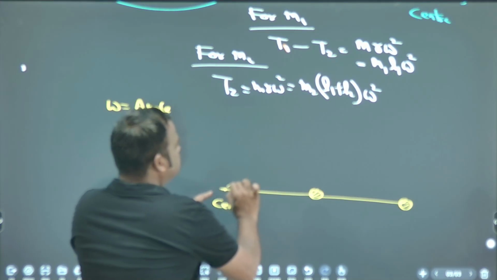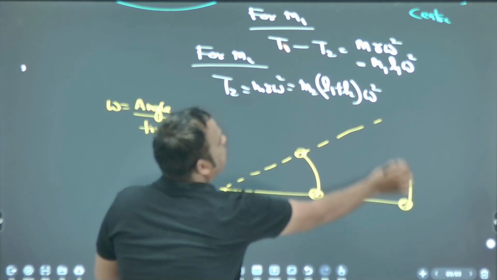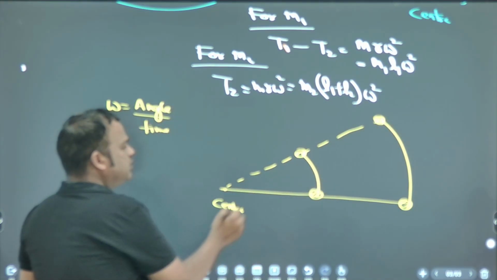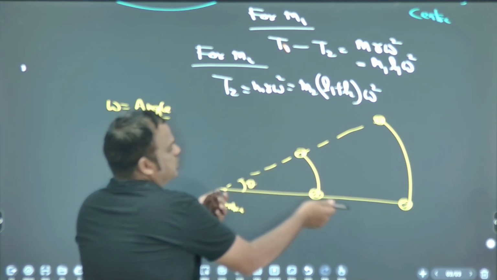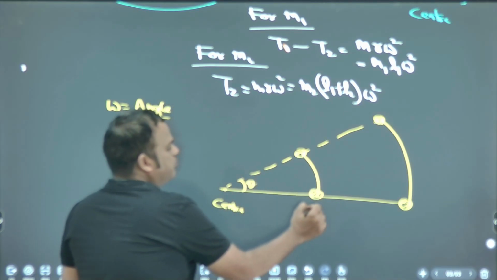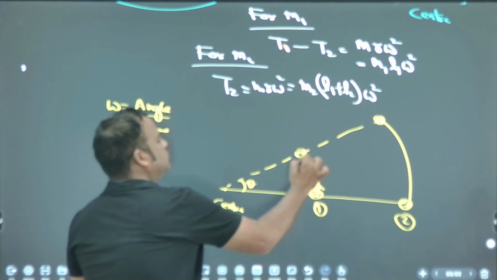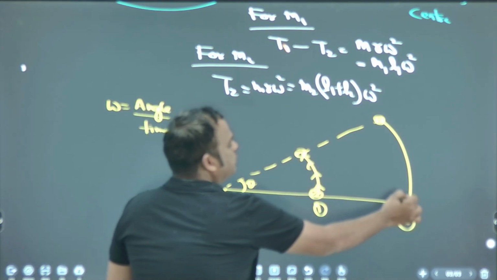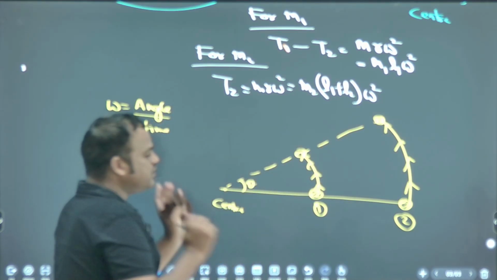When this ball is here, this ball will be here. So what angle is it making? Suppose theta. What is the angle covered by ball 1? Theta. What is the angle covered by ball 2? Theta. The angle is same.